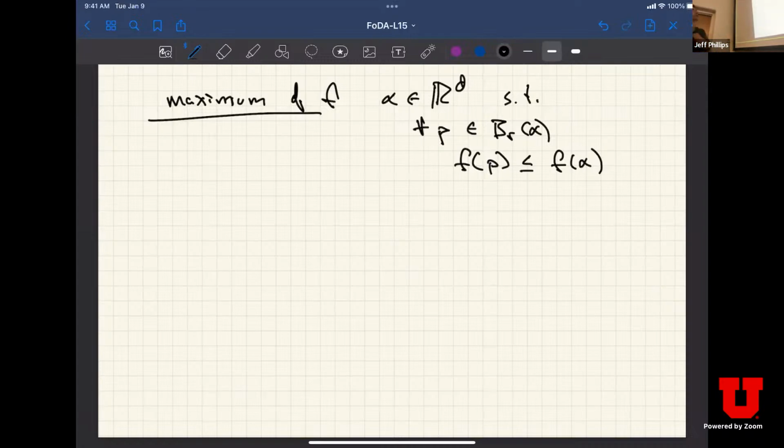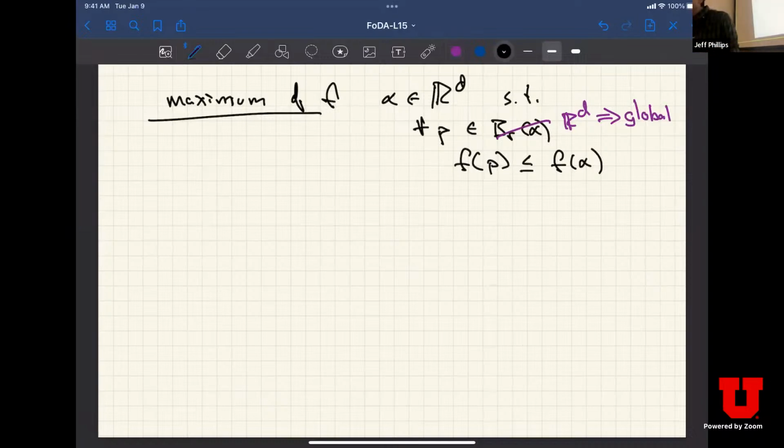This is kind of the opposite, right? And I can say if I restrict that to all of R^D, then that means it's going to be global instead of just a local maximum.